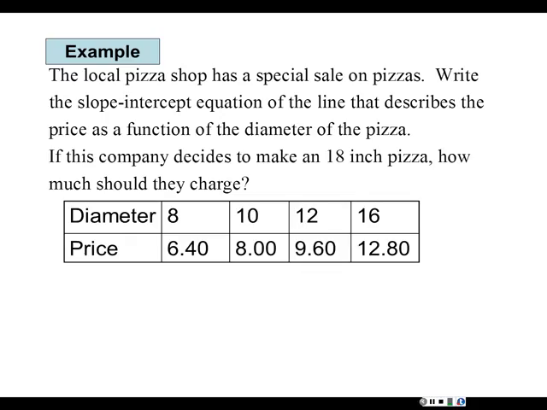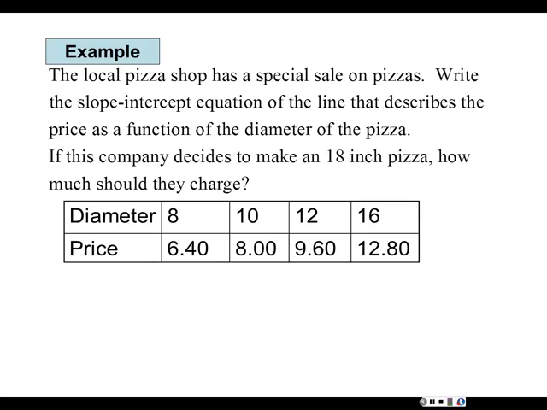Okay, now let's go back to the question. The question was, if the pizza is 18 inches, what will be the price? So you replace the d by 18 here. Once you replace the d by 18, you will get 0.8 times 18. What will be the answer? 1.44? Oh, 14.4.